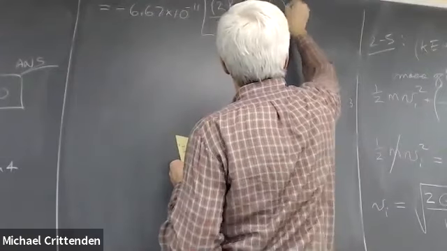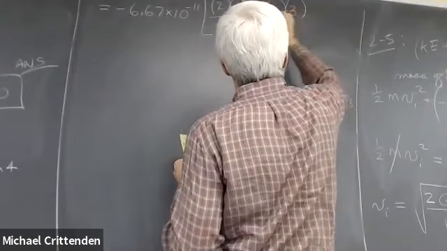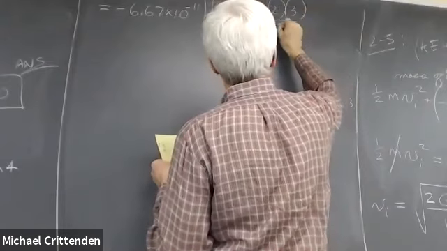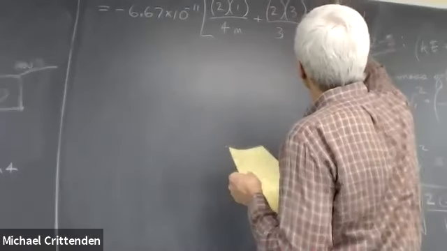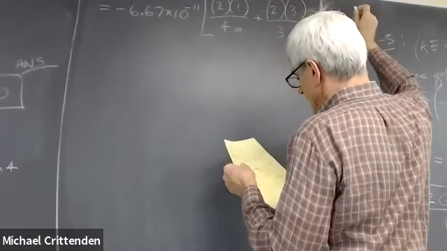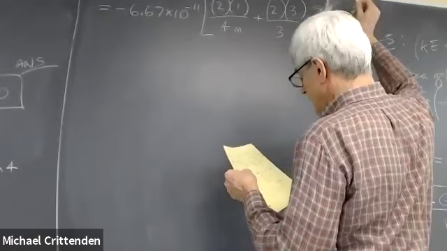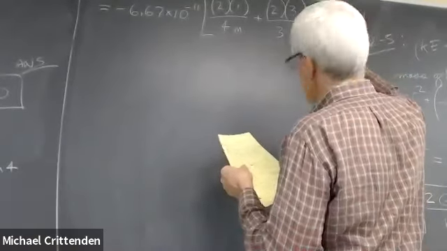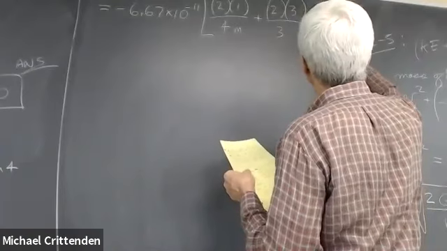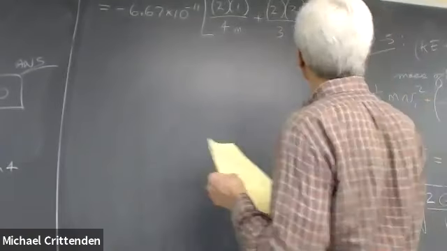The 2 kilograms and 3 kilograms start out 3 meters apart. The 2 kilograms and the 4 kilograms start out 5 meters apart.